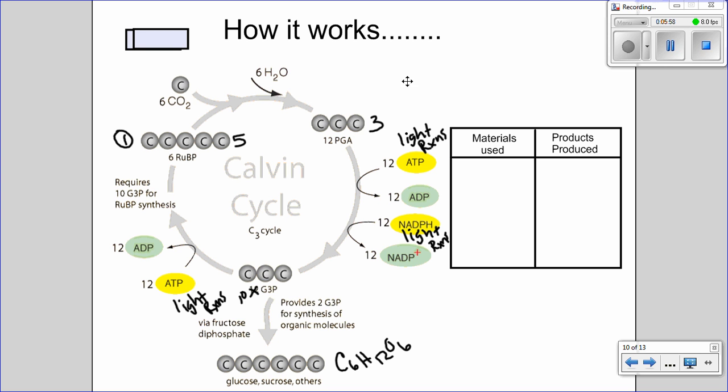Now the reason why these are called the dark reactions is not because they happen at night. That is not the reason they're called dark reactions. The reason that they are called dark reactions is simply because they do not require light.